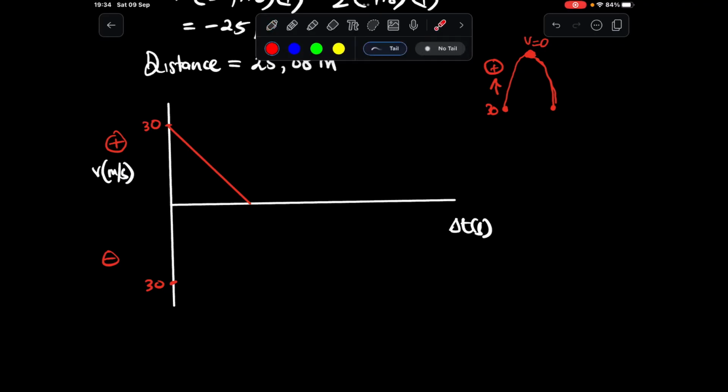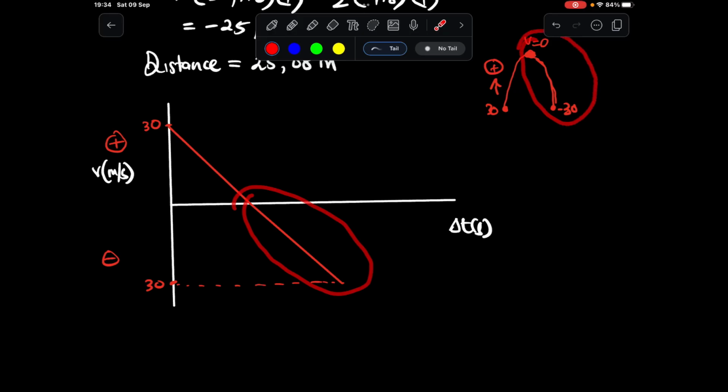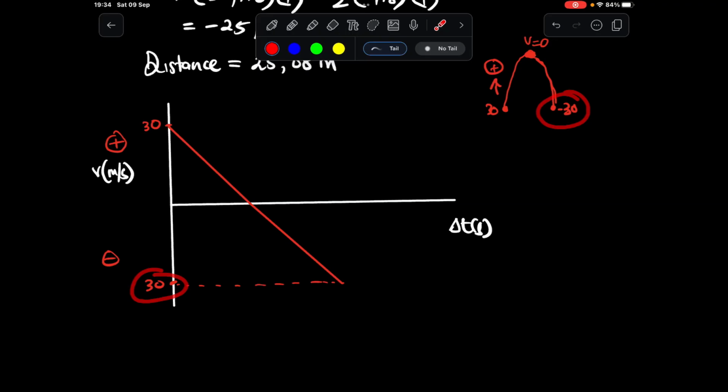This part here is the maximum height, and then it continues and reaches here by the same velocity, which is 30 meters per second, but the negative one. So we need to prolong the graph until that point. This part of the graph, it's this part there, right? So this is the velocity here, and this is the velocity.